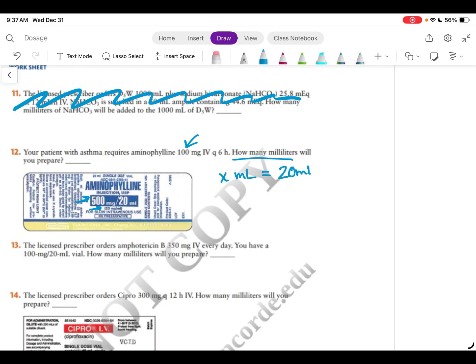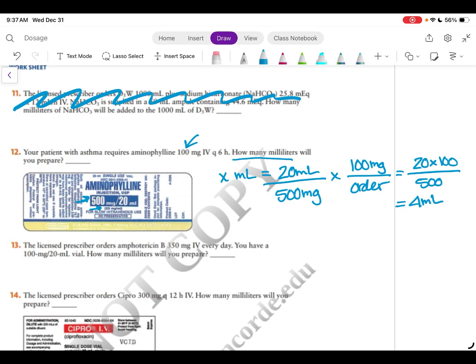So 20 milliliters is 500 milligrams, and 100 milligrams is your order. So 20 times 100, and then we divide that by 500. And I'm getting 4 milliliters as my answer. Okay.